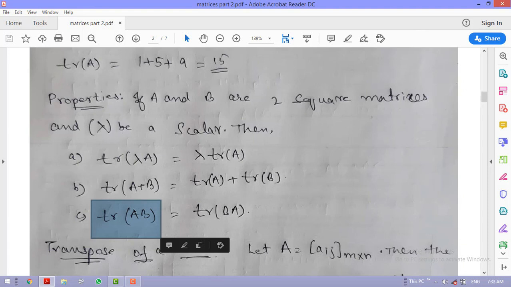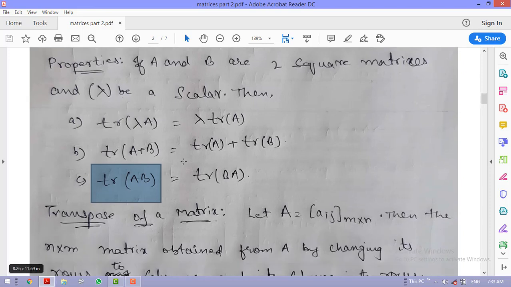So here what I mean is that after a multiplication operation between two matrices, the trace of the resultant matrix is equal to the trace of the opposite multiplication of those two matrices, B into A, and the trace of that resultant matrix will be the same as the trace of AB. Okay, so I hope you understood these three properties.